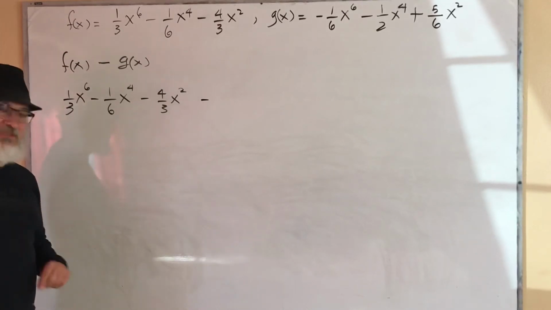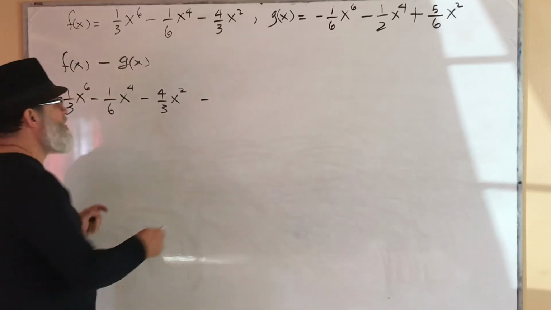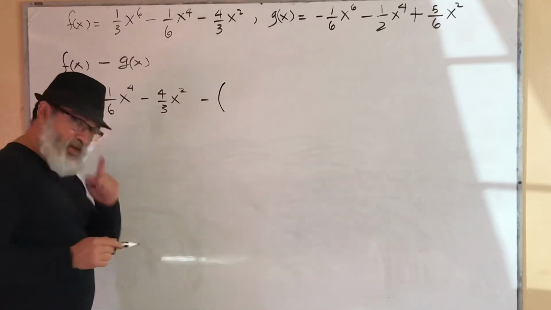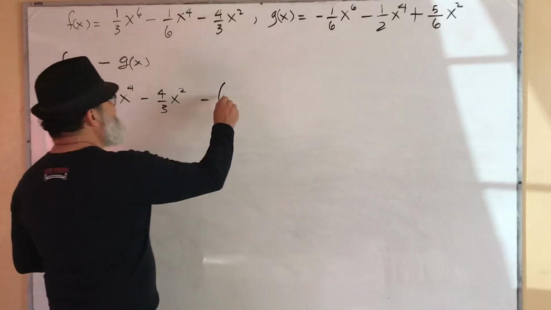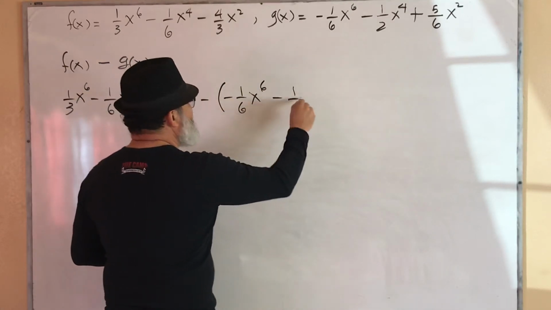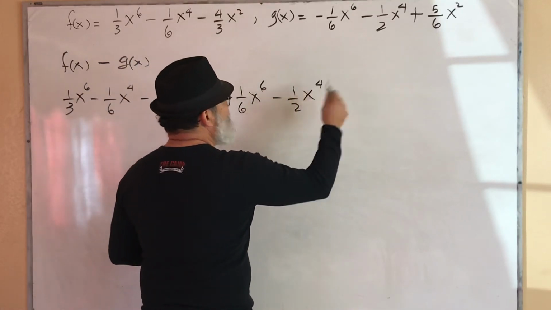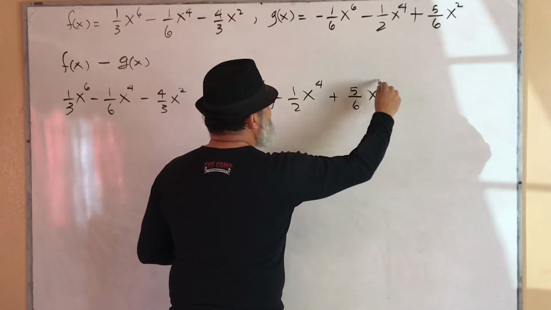Parentheses. That's what we said. So g of x is going to be within parentheses. Don't forget. And what's g of x? Minus 1/6 x to the 6 minus 1/2 x to the 4th plus 5/6 x squared.